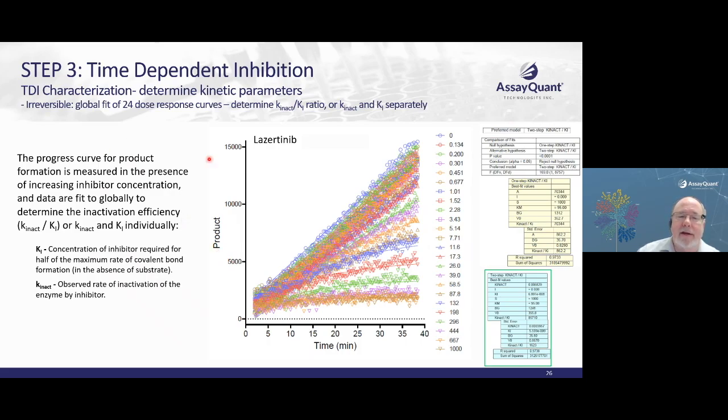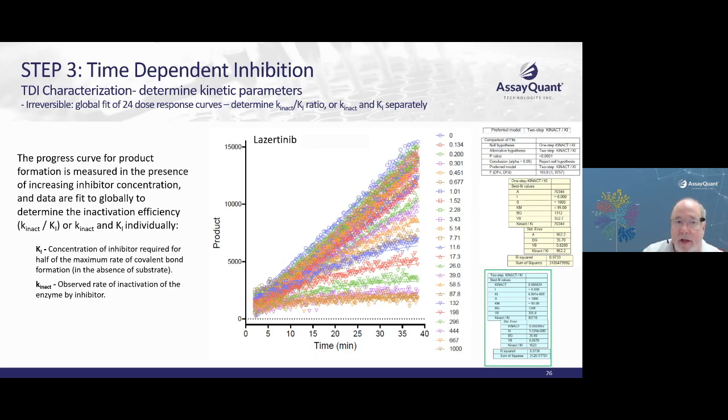So the best measure of potency for an irreversible inhibitor, says I'm live. Am I there? There we go. The best potency measure is the inactivation efficiency, which is the ratio of K inact to K I, and that's K big I, not K little i. Those are two different things. The K big I is actually the concentration that you need for half maximal covalent bond formation. That's not half maximal binding, which is the K little i.